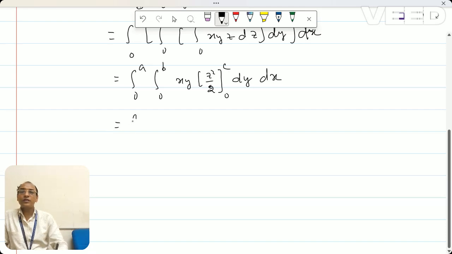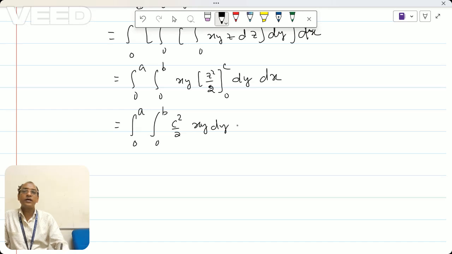Now, if I simplify again, integration 0 to a, integration 0 to b, and if I put the upper limit and lower limit, I will get here c square by 2, and then xy dy dx. So this we can rewrite as c square by 2 is constant, then remaining thing is 0 to a, 0 to b, and then xy dy then dx.